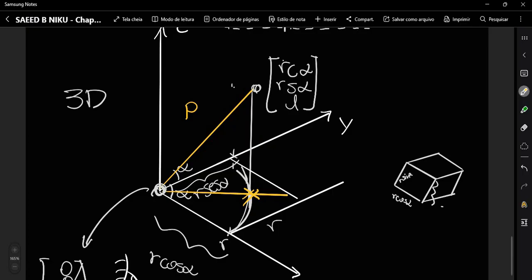And this point can be anywhere on this 3D plane, since it doesn't pass the maximum radius.